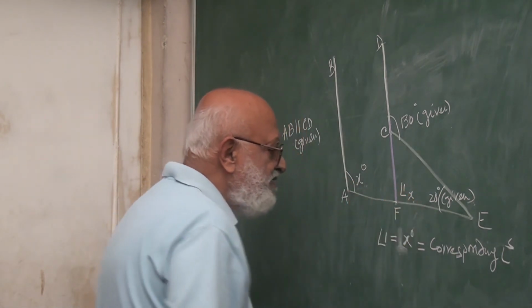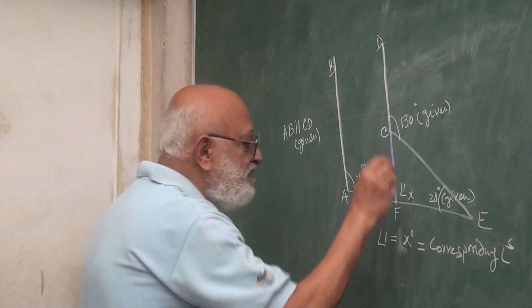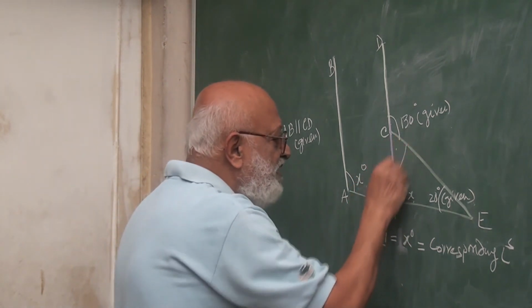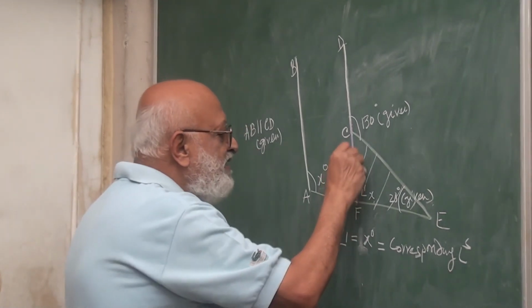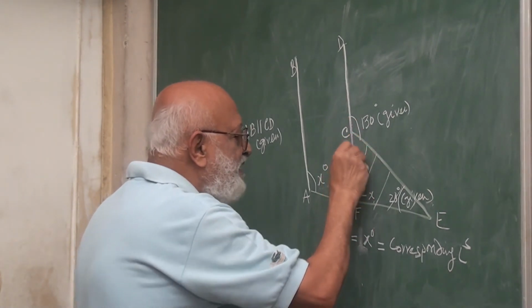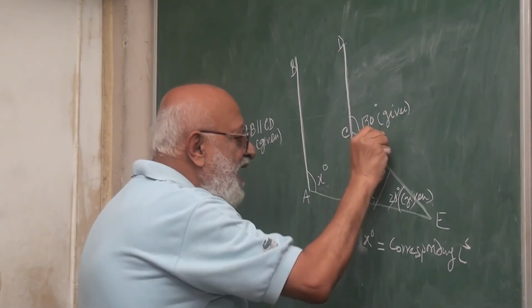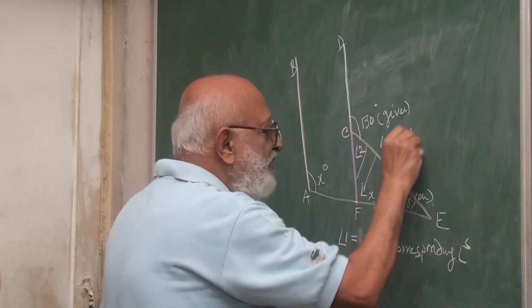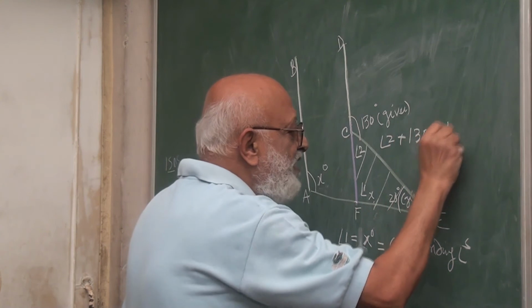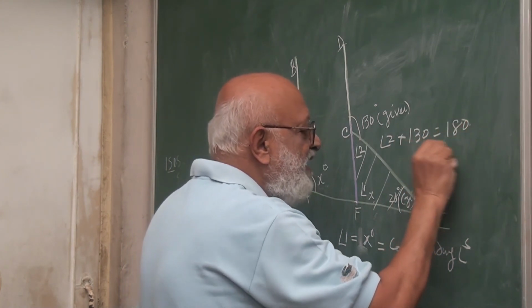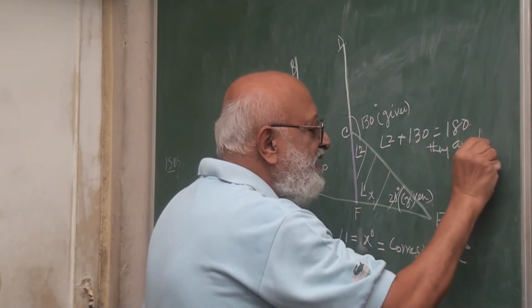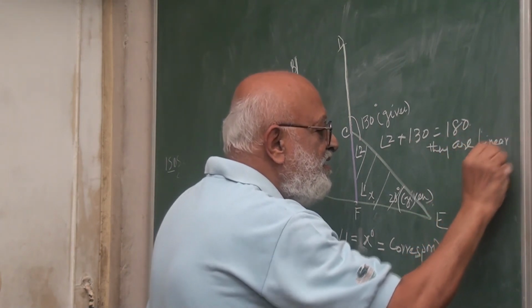Okay, so x has come here. Very good. Now what is this angle? Now I have to go here because I will use this triangle again. So this angle, I will now mark as angle 2. Angle 2 plus 130 is equal to 180, because they are linear pairs.